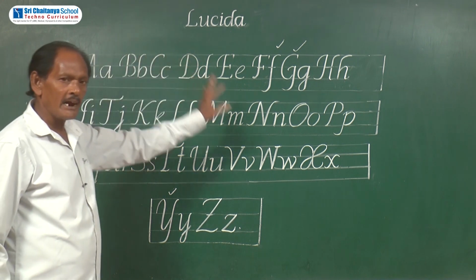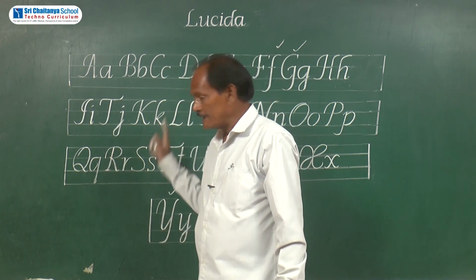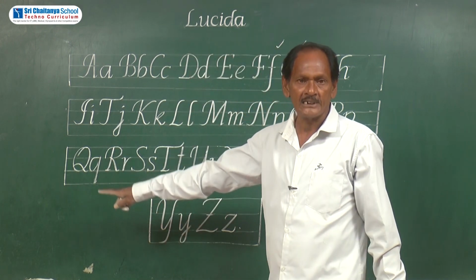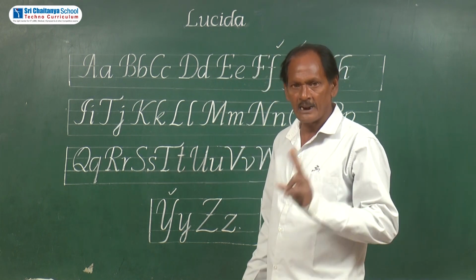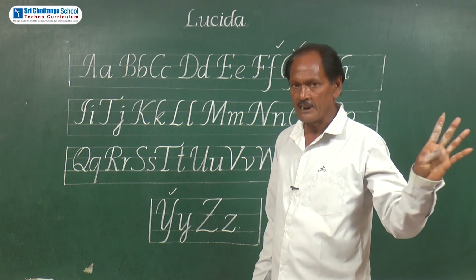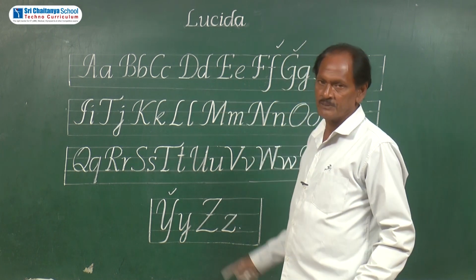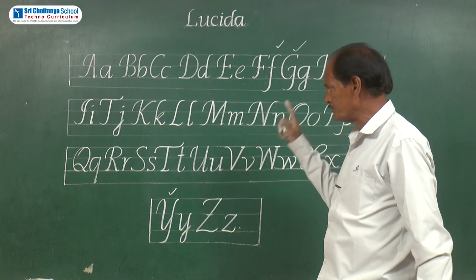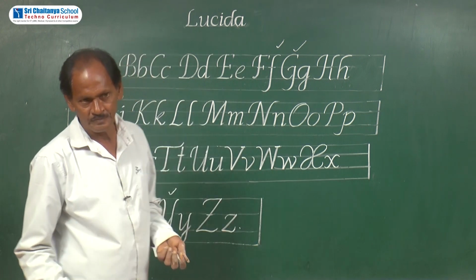Already in our handwriting copy books, 2 pages were given like this, differentiating the capital and the small letters. After the capitals and after the small letters, this differentiation between the capital and small letters is also given, and you have to make good practice.